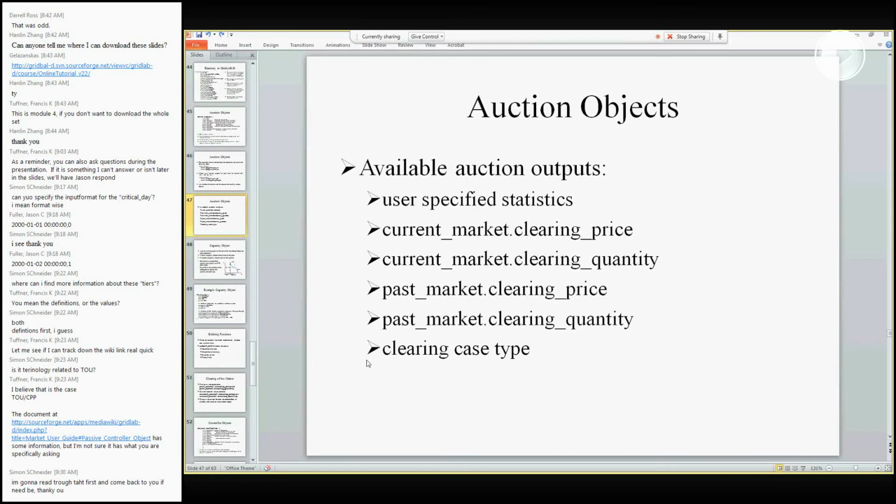And you also get to find out things like, what was the clearing case? For example, was this a marginal buyer or marginal seller? You can even look at things like the marginal quantity and those types of things, and pull that information out.